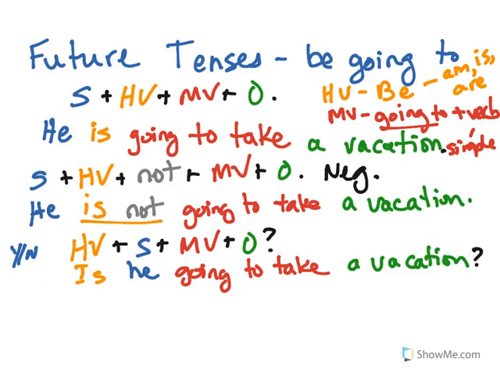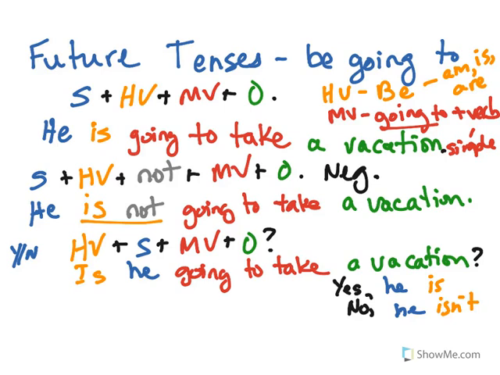And then my answer is either yes or no. And so I can say yes, he is. Use my helping verb there. Or no, he isn't. And I use the contracted form with the negative.